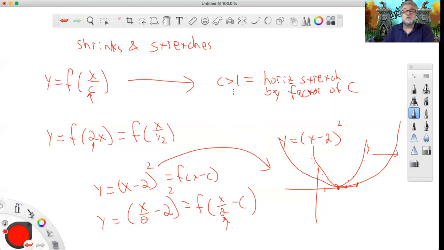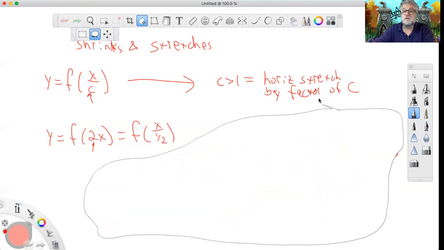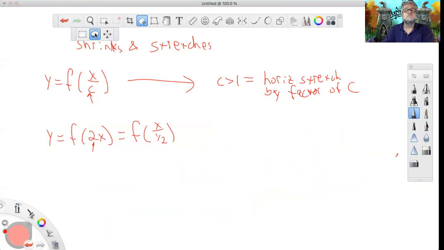But when c is greater than 1, it is a horizontal stretch with a factor of c. And if c is less than 1, then that means it's a horizontal shrink or a compression.